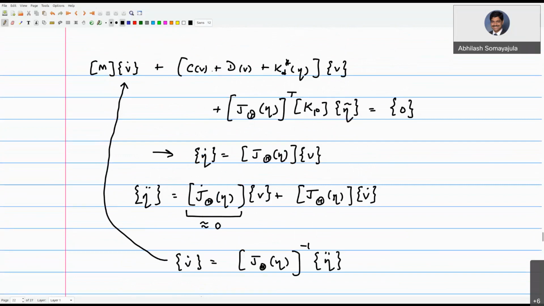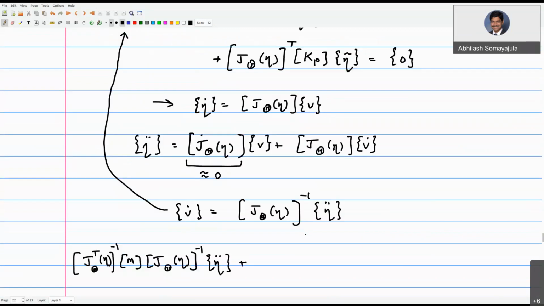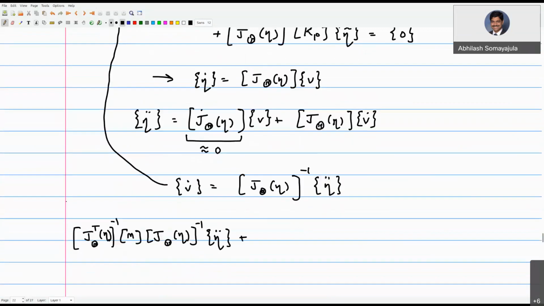I'll also pre-multiply this entire equation by something else: J transpose of eta inverse. You'll see in a minute why I'm doing that. So I'm pre-multiplying the whole equation by this term.